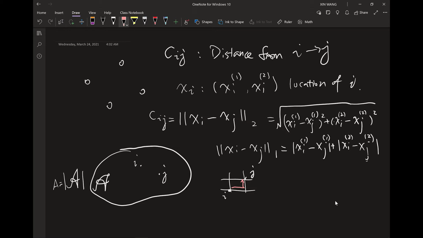Hence, the distance is the one norm, which takes the difference of the two coordinates and adds them up. We can also have the two norm, which we already introduced. In some special cases, we may even consider infinity norms, which just take the maximum value of the two coordinates.